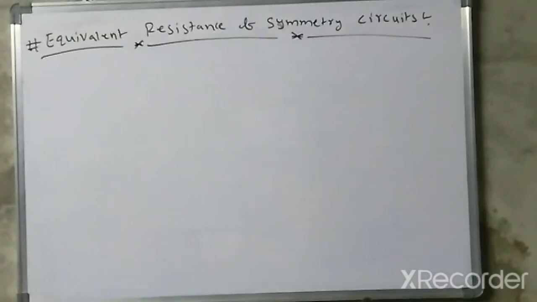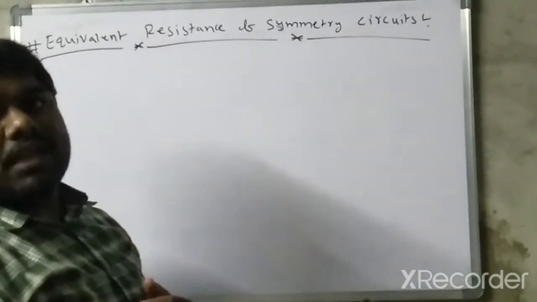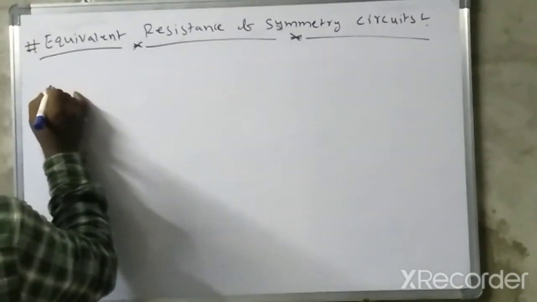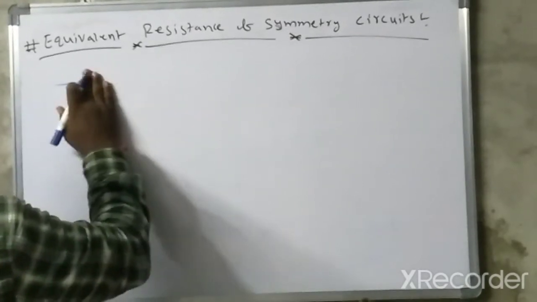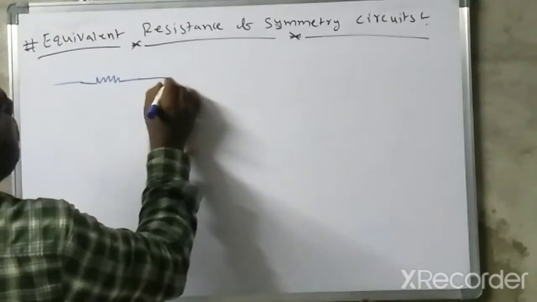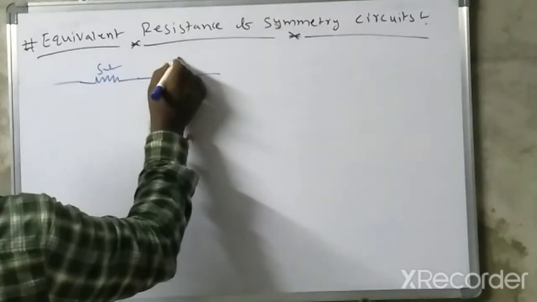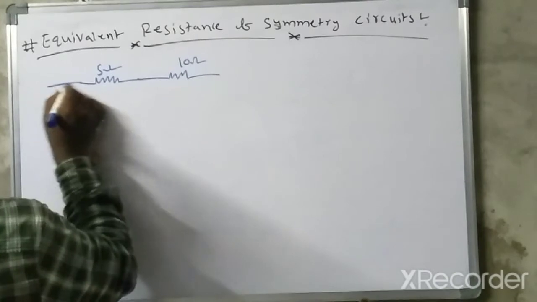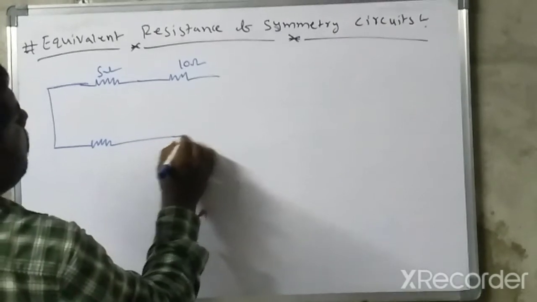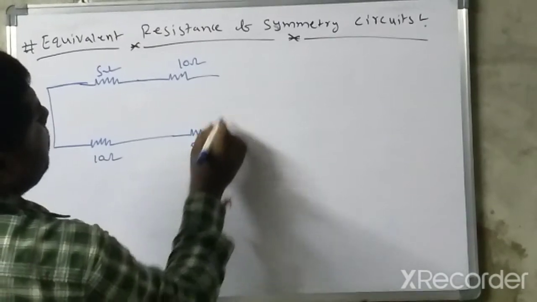Now we are going to discuss the equivalent resistance of symmetry circuits. Let us consider one circuit analysis. This is one resistor, this resistor is 5 ohms, this resistor is 10 ohms, here the 10 ohm resistor, here the 5 ohm resistor.